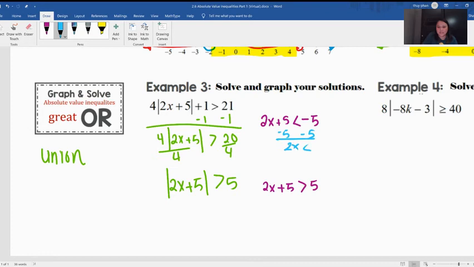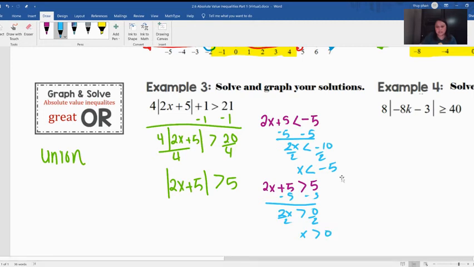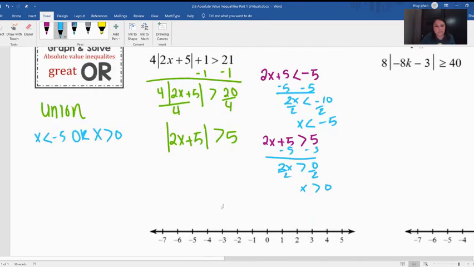I get 2x is less than negative 10, and we divide, so x is less than negative 5. And this one here, x is greater than 0. So our answer for this one would be x is less than negative 5, or x is greater than 0. So I'm going to go ahead and graph this down here.